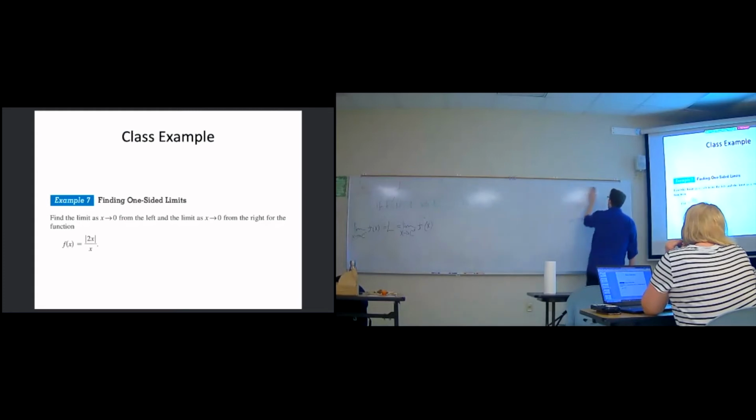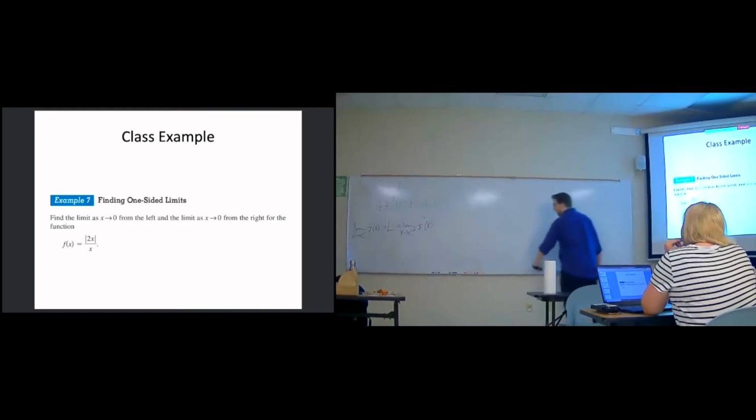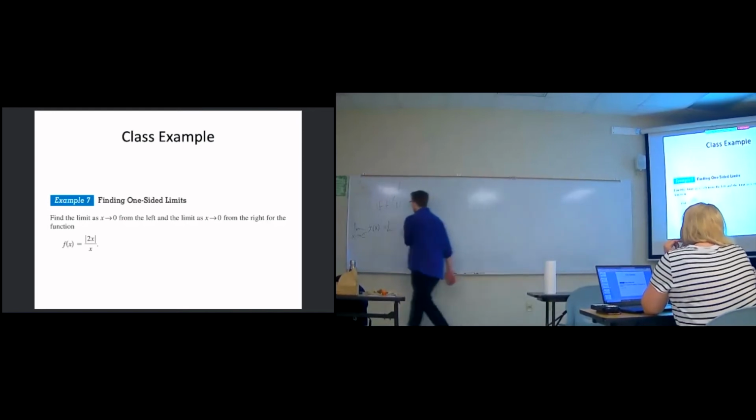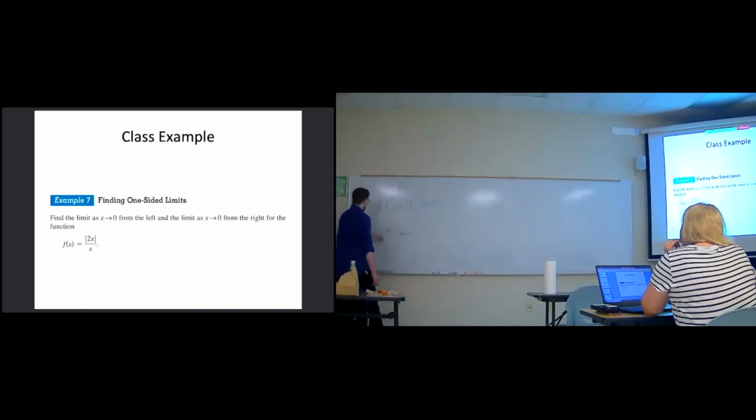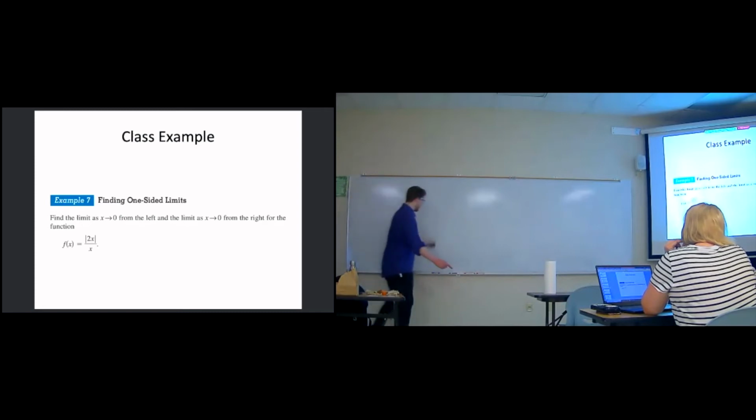So it's going to help to have some definitions here to make more sense of this. First, what does the absolute value actually mean? If it's negative, it makes it positive. It makes everything positive, no matter what.